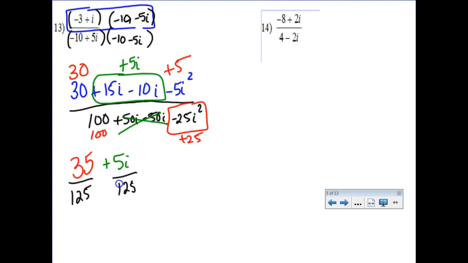You're going to need to divide each term, the real and the imaginary part, by 125. And then you're going to need to reduce these fractions. So math enter that, or reduce the fraction by hand. These are both divisible by 5, so that's like 7 over, I think, 25.